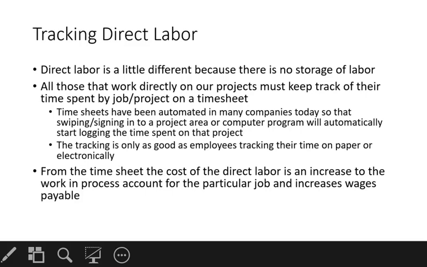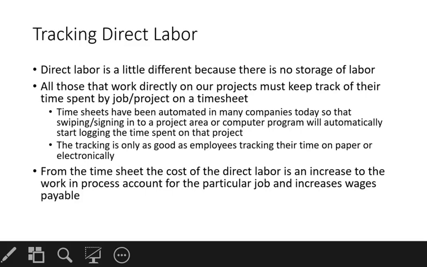So if they work 4 hours on job A and 4 hours on job B, when we pay them, we debit work in process job A, and debit work in process job B, for their 4 hours. We credit payroll payable or salaries payable to indicate that we owe that employee that money, and then eventually we debit that payable and credit cash.